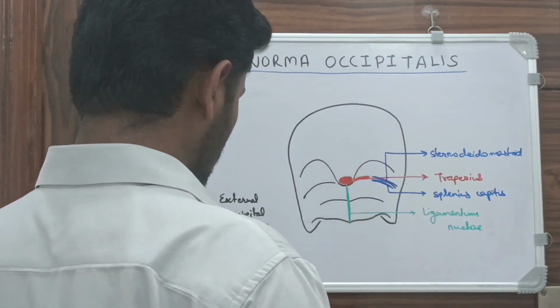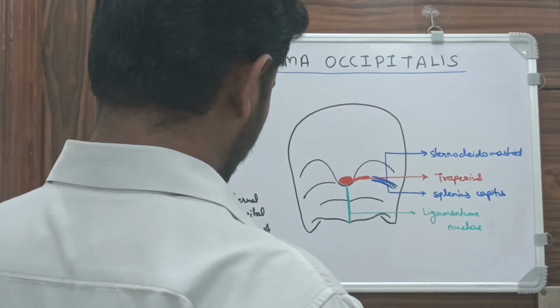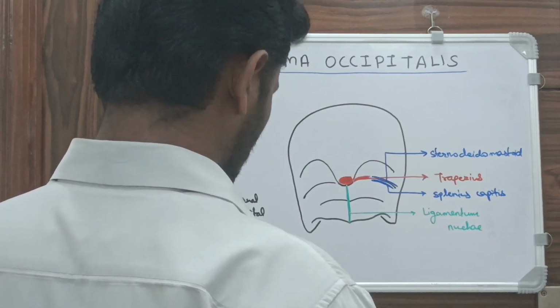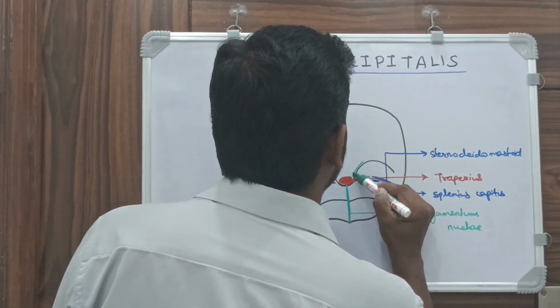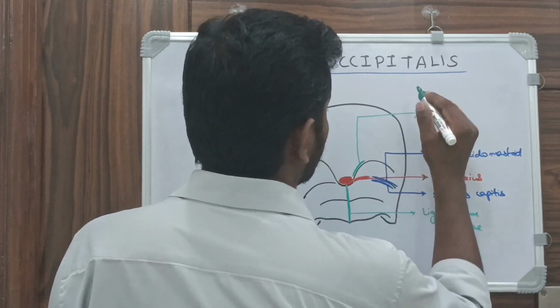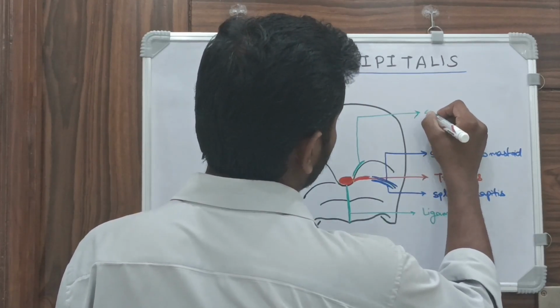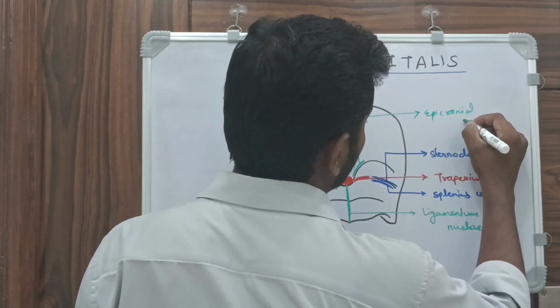Now over the highest nuchal line, we have insertion of the epicranial aponeurosis. So this is the attachment of the epicranial aponeurosis.